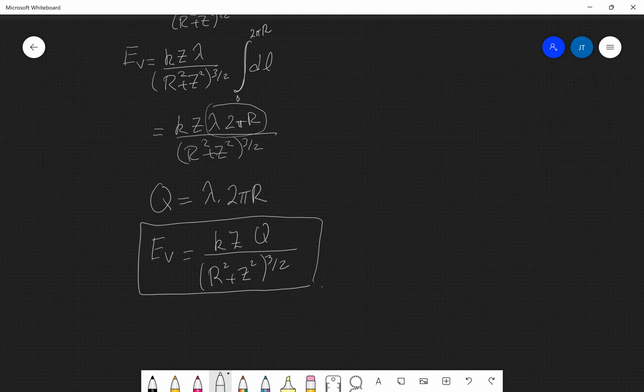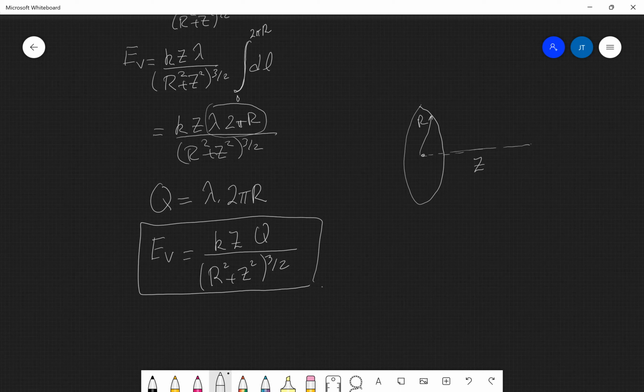So this is the electric field at a point z above the center of a ring. And it doesn't have to be above, right? I could have a ring like this, of radius R, and I'm a distance z away along the axis of the ring.